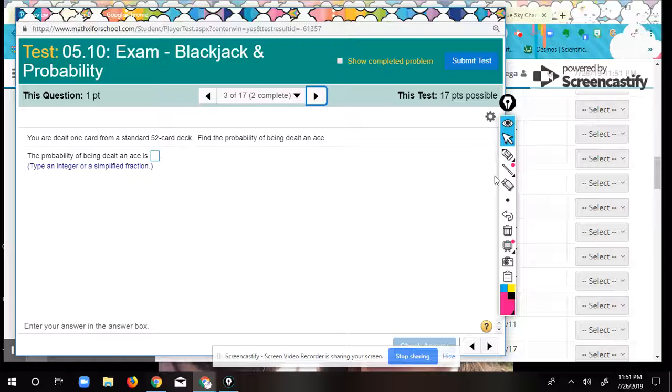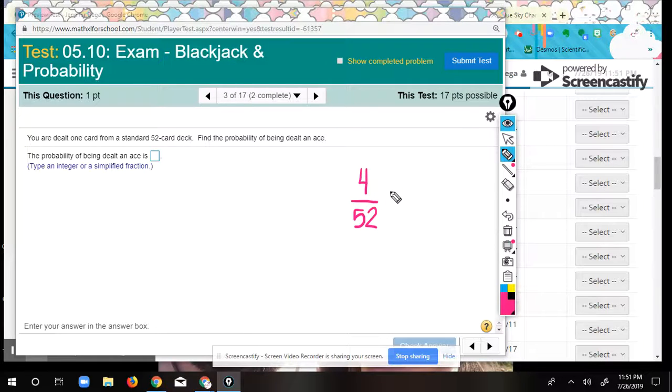Okay, you are dealt one card from a standard 52 card deck. Find the probability of being dealt an ace. In a 52 card deck there are 4 different suits, and each suit has an ace. So 4 out of 52 of those cards are going to be aces.